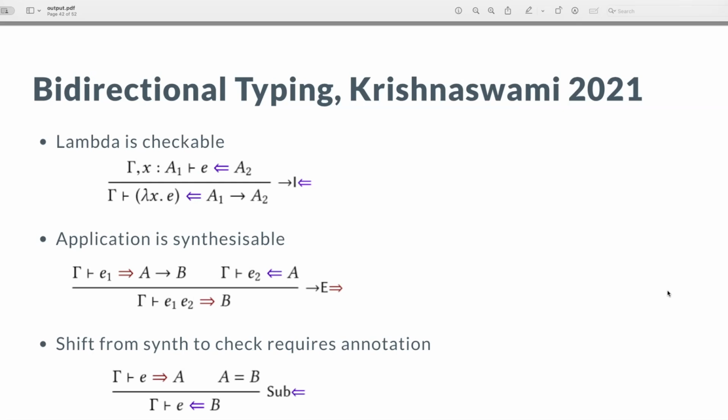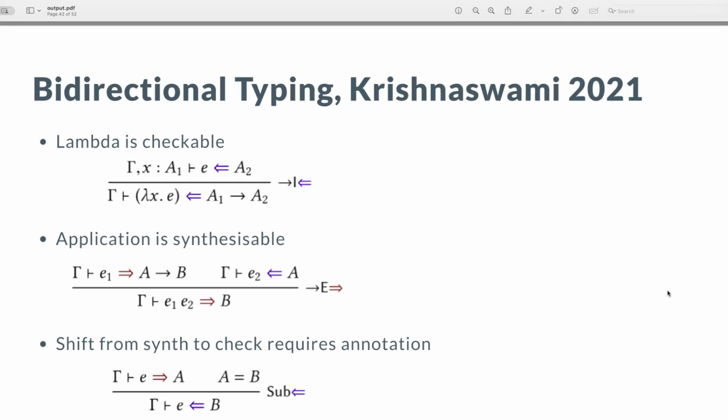And applications are synthesizable. You'll see an application of some function to a value, and you can synthesize the function, and then you can check the argument against it, and it lets you synthesize the whole.